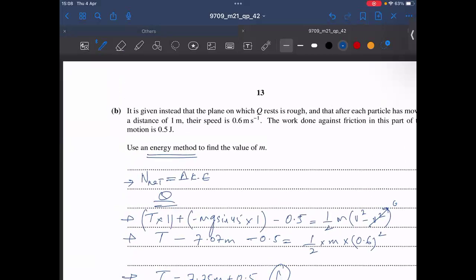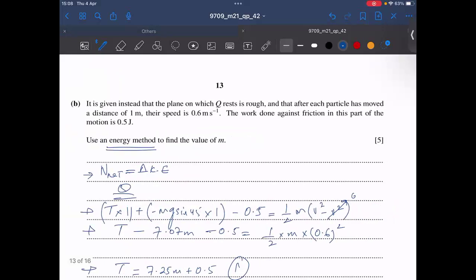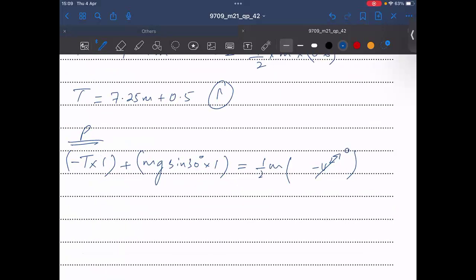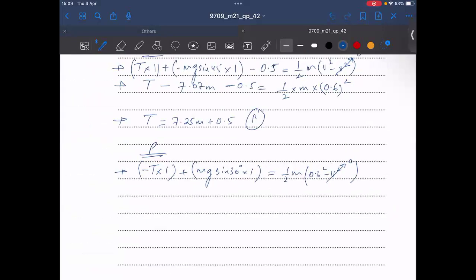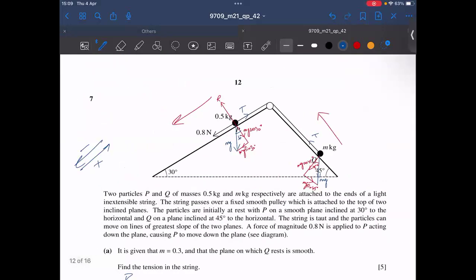What about V? It's 0.6 square. All right, V square. And so it's going to be minus T plus, m is how much? It's 0.5.